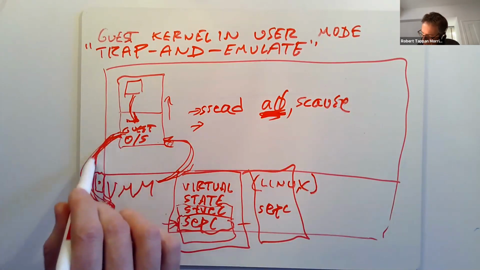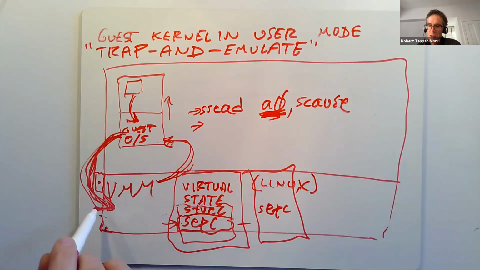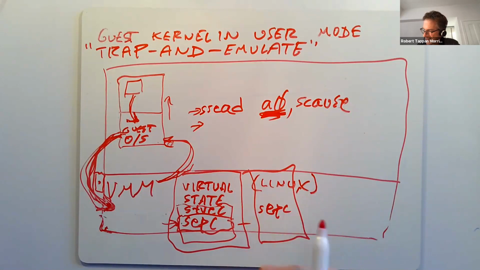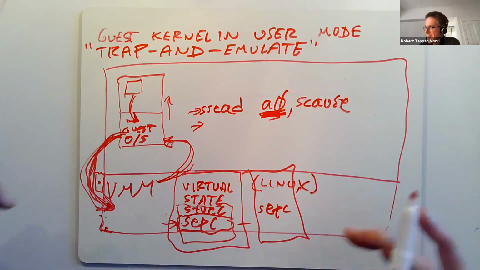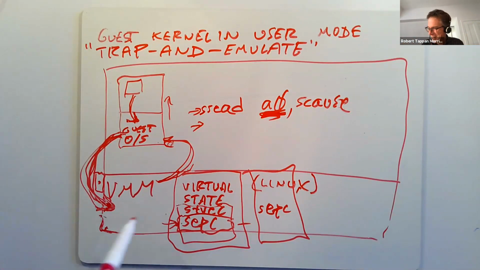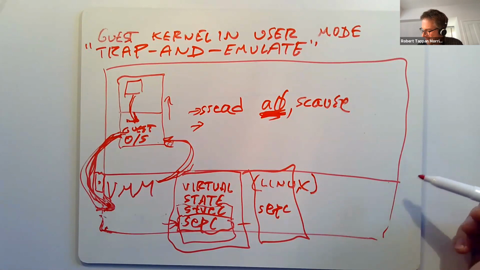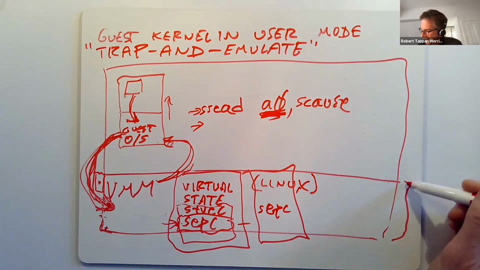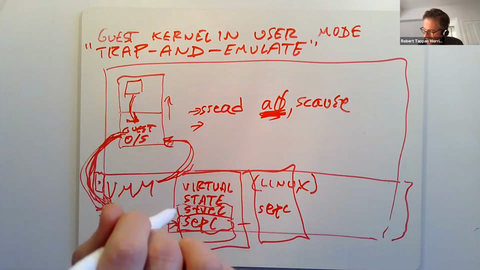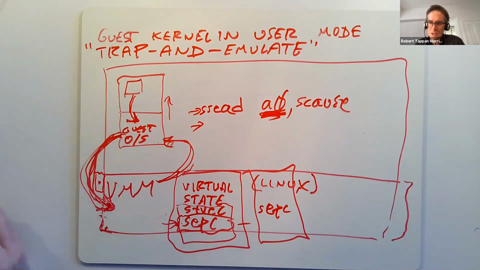But the value in the real SCAUSE register is the one that means illegal instruction, instructions violating the privilege rules. So in general, the VMM needs to see different values in the real registers than the operating system should see in its vision of the registers. Does that make sense?